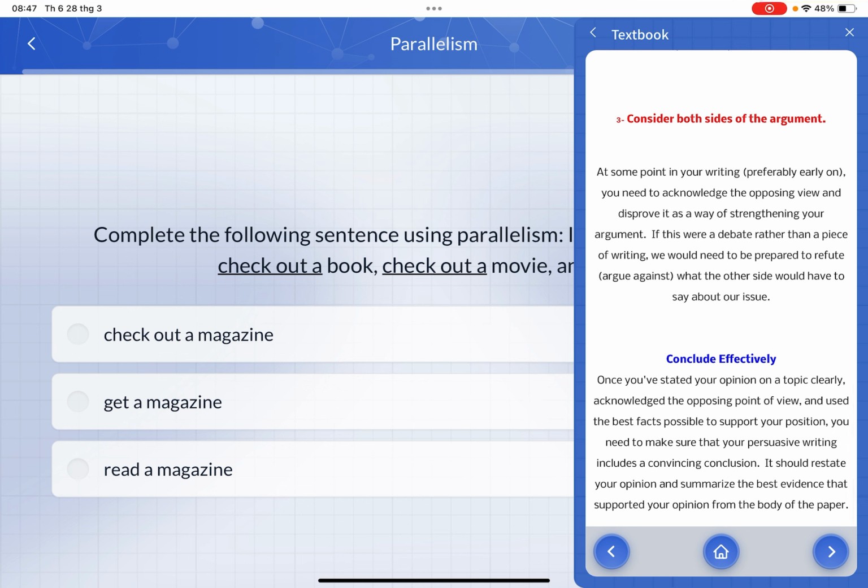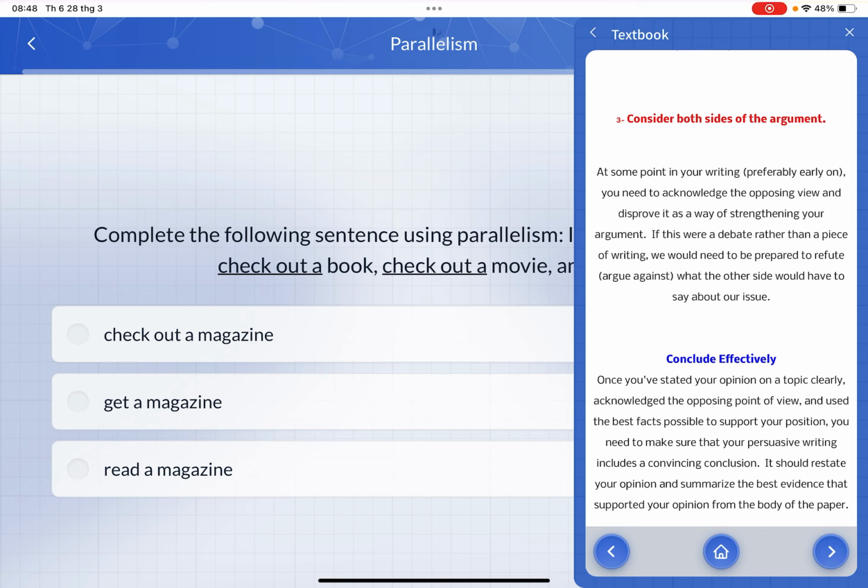So if we are prepared to argue against the other side, then, let's say we're writing an essay, and we give all these facts and opinions, there will always be another side, another view to our topic. So we need to write a little bit to argue against the other view of the topic.